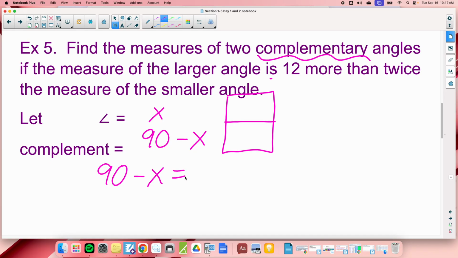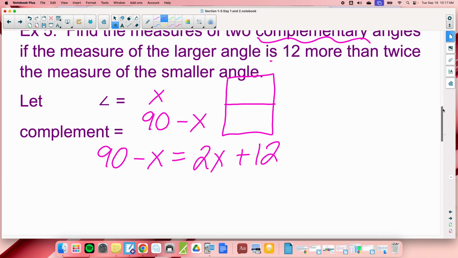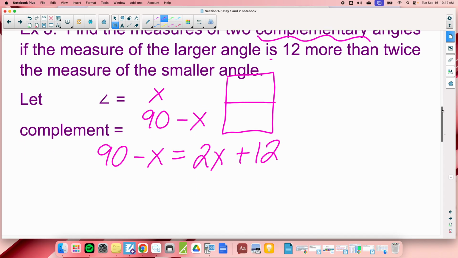How do I do twice the measure of this? Wouldn't it be multiplied by 2? And you'd get 2x. How do I do 12 more than that? Add 12. Do you get that? And then we can solve it. So the larger is 12 more than twice the measure of the smaller.